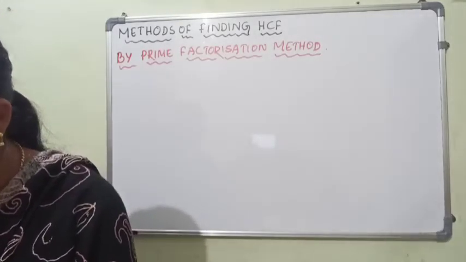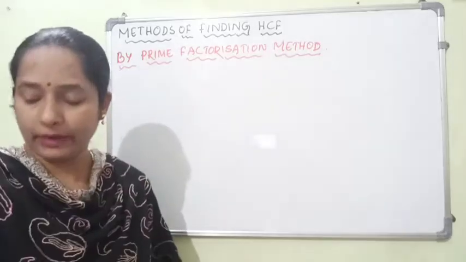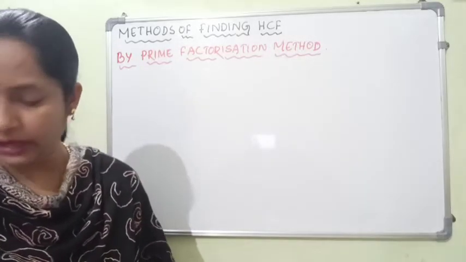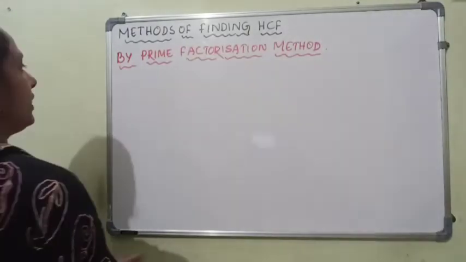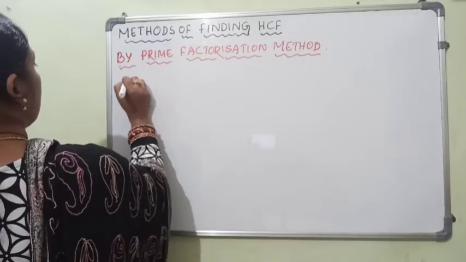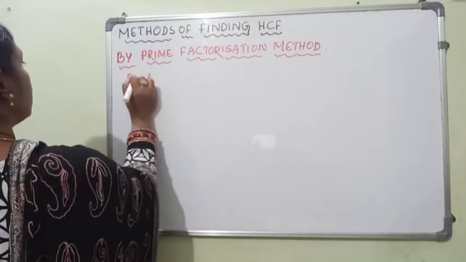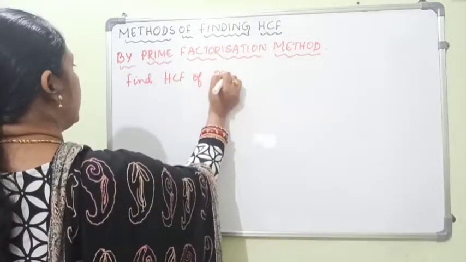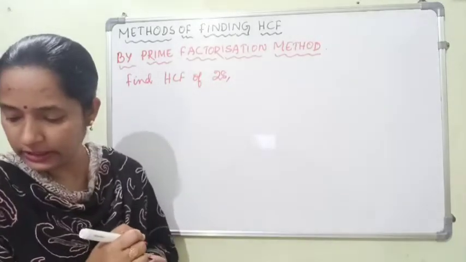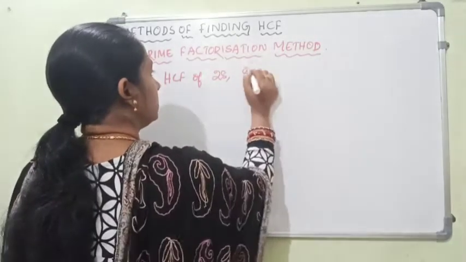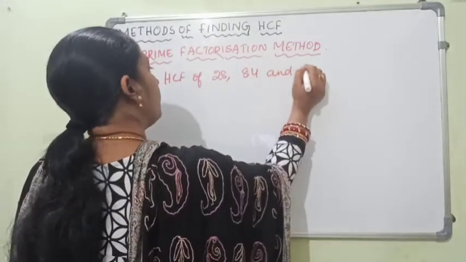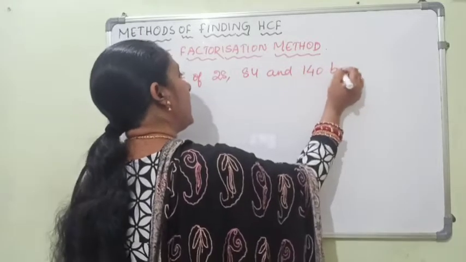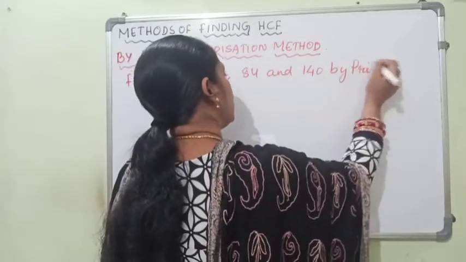Let us take, for example, find the HCF of 28, 84 and 140 by the prime factorization method.